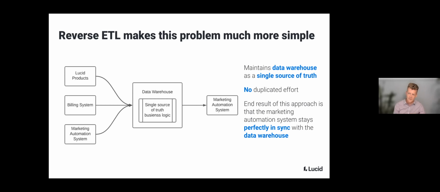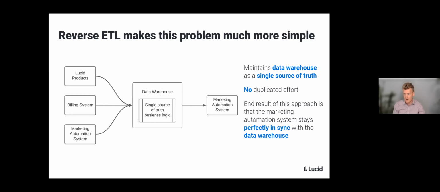The biggest benefit of this approach is that it maintains our data warehouse as a single source of truth. That's in my mind reason enough to do it, just because sometimes I wonder if it's worse to have inconsistent data than it is to have incorrect data. And when you have parallel sources of truth going, you guarantee inconsistent data.